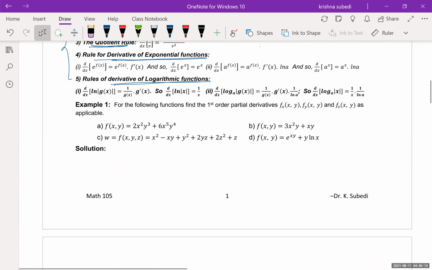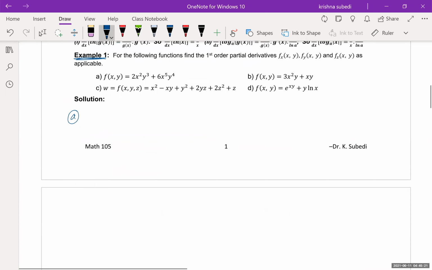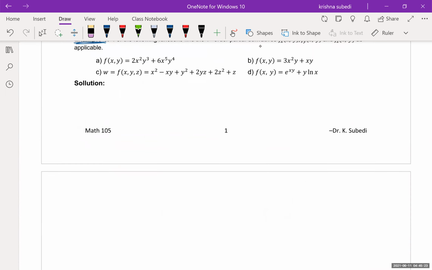Okay, now let's look at example 1, maybe part A. So the given function is 2x squared y cubed plus 6x to the power 5 y to the power 4.